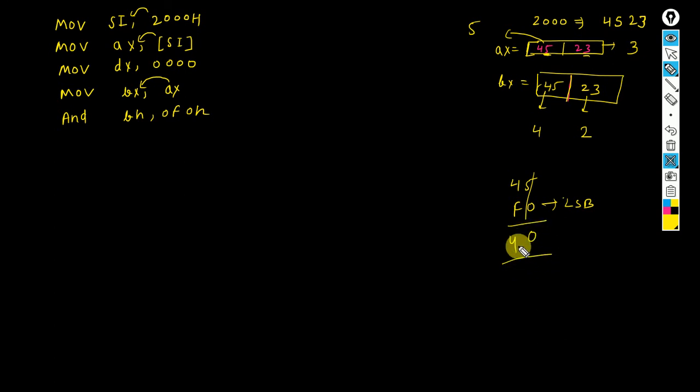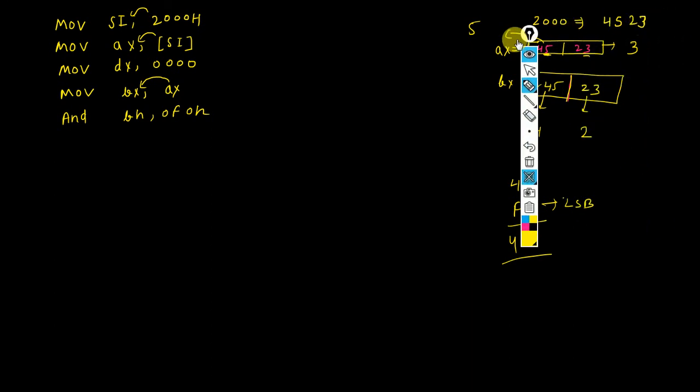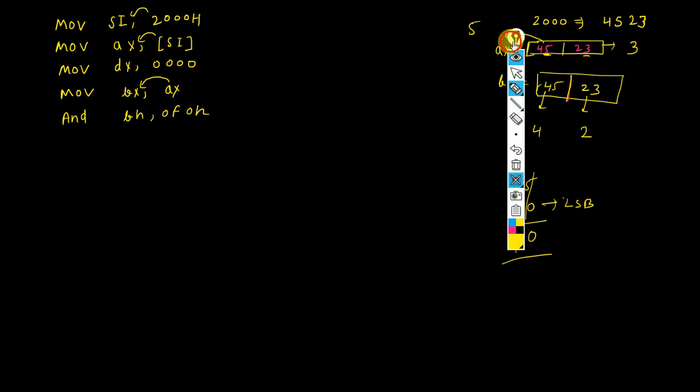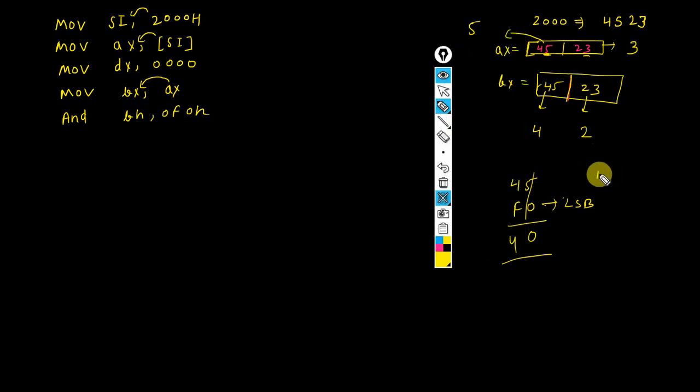For the 4 value in the unit place, we rotate this 4 four times. In binary, 4 is 0100 and 5 is 0101.